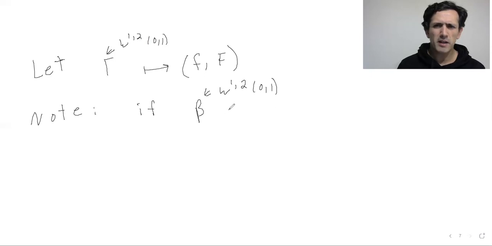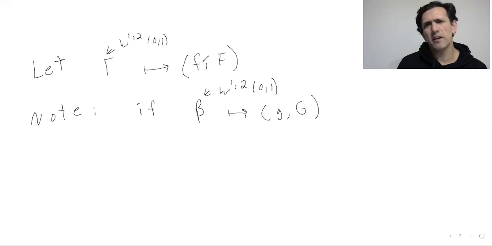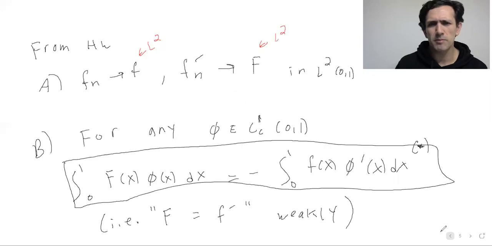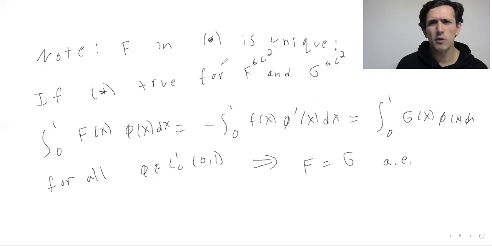And let's say beta, by the same procedure, is associated to this pair, little g and big G. And again, of course, this is a pair, kind of g and g prime in some sense. This is like the weak derivative of little f, this big F. So here's g and its weak derivative, big G. And I'm not, like I said, not that I'm going to use it, but this weak derivative business is unique, which is nice to know. I don't think I'm going to use it actually.